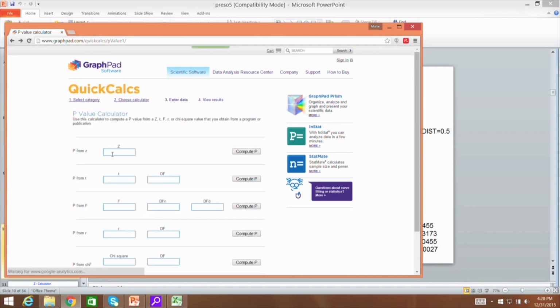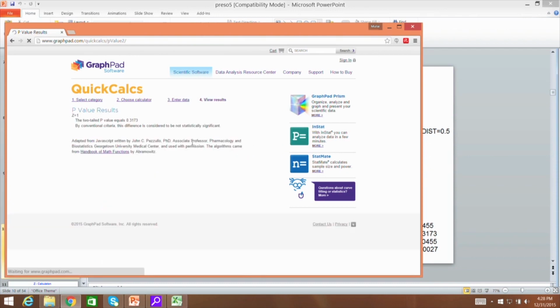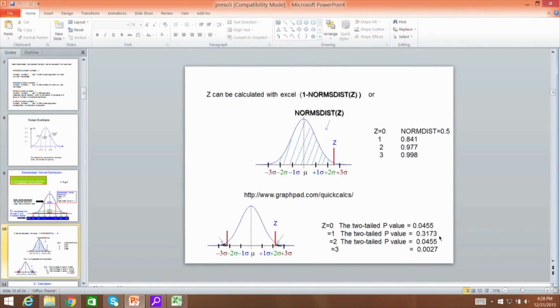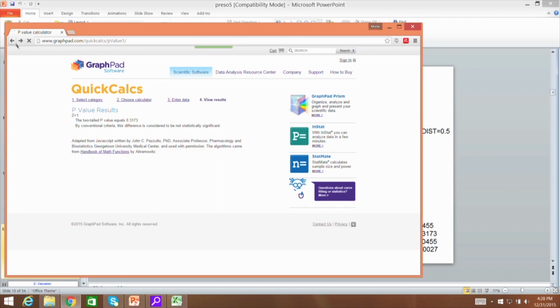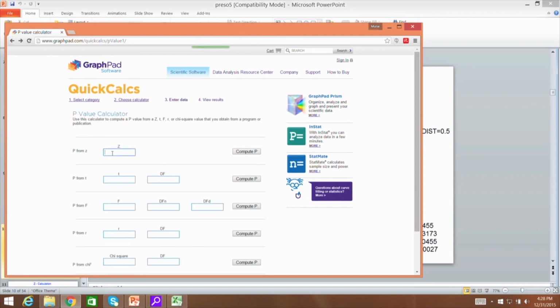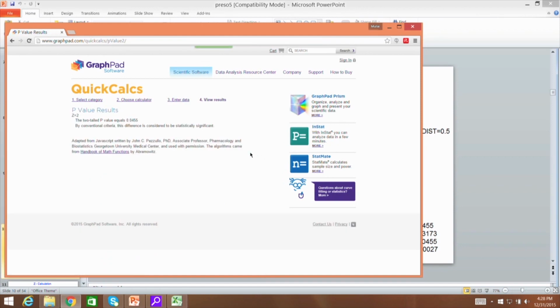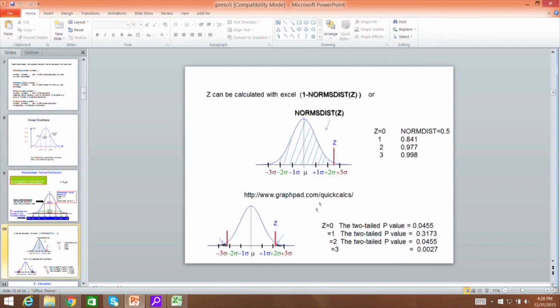If I give z equal to 1, it is giving us 0.3173, that is the outside area. When I give z equal to 2, it is giving 0.0455, that means it is giving this area.